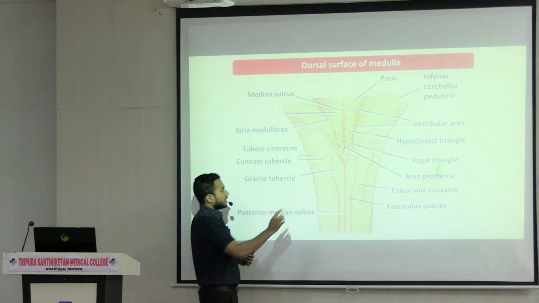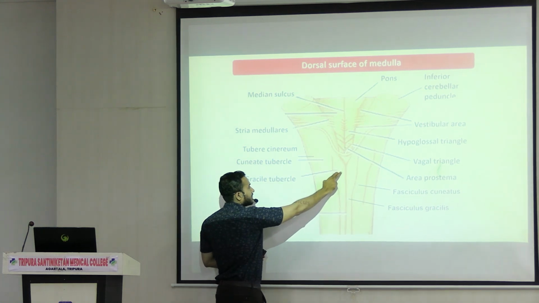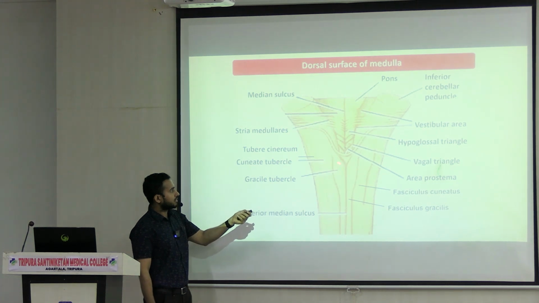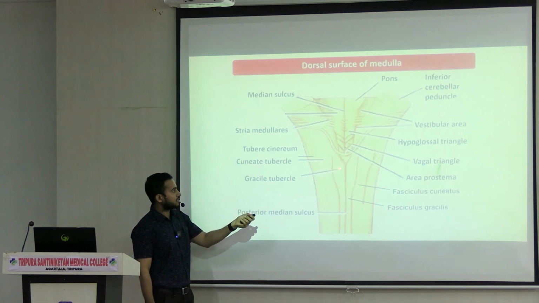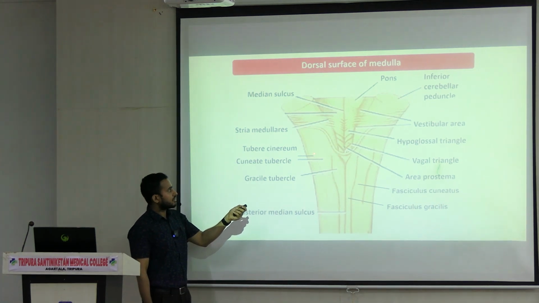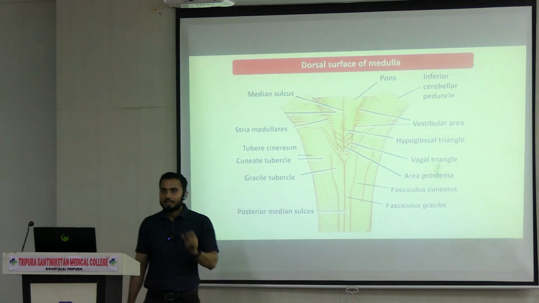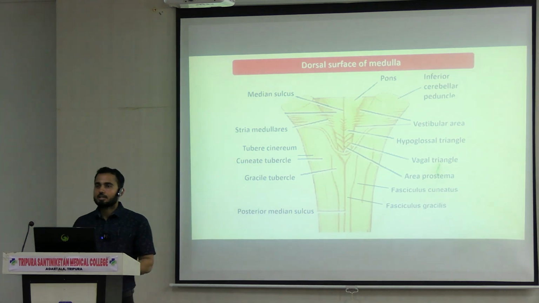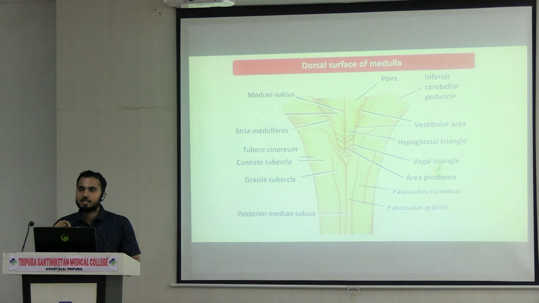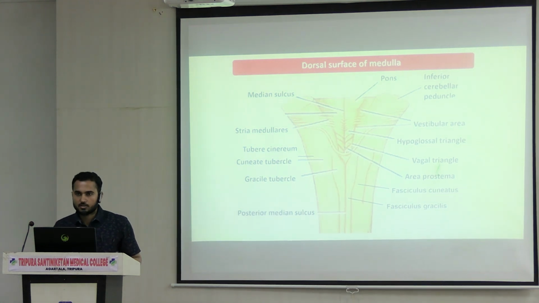Now on the upper aspect you are getting the gracile tubercle and cuneate tubercle, where the nuclei of the same names are present, and just above and lateral to the cuneate tubercle another elevation is there, the tuber cinereum. That tuber cinereum is because of the spinal nucleus of the trigeminal nerve. Deep to the tuber cinereum, the spinal nucleus of the trigeminal nerve is situated. That's why the elevation can be seen outside.